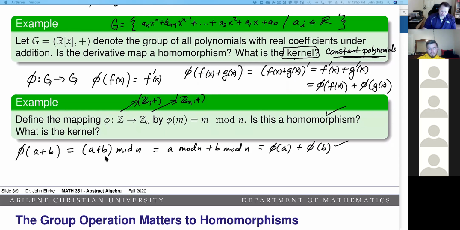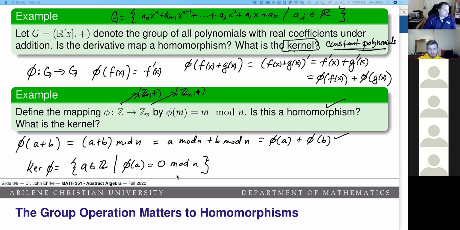What is the kernel? Well, the kernel would be the set of all elements in the integers that get mapped to 0. So it would be the set of all a in Z such that phi of a is equal to 0, or a is equal to 0 mod n.